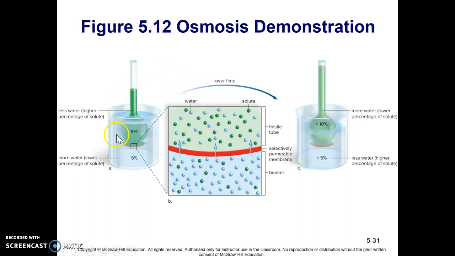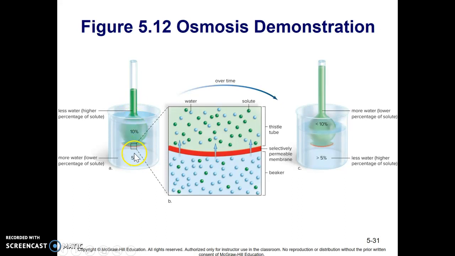So overall, we can actually see this in this type of reaction. If you imagine this is a type of flask, a volumetric flask here, you can see that when there's a 10% solution inside and a 5% solution outside, that's how much green molecules there are. But if you think about the water, there's less water inside than outside.